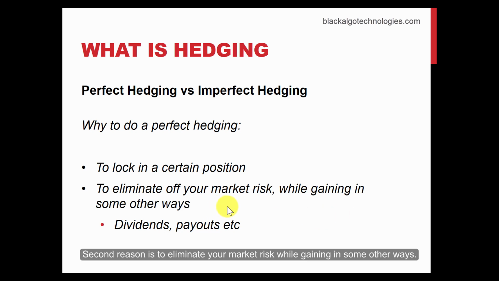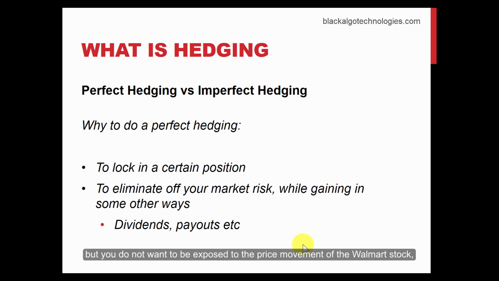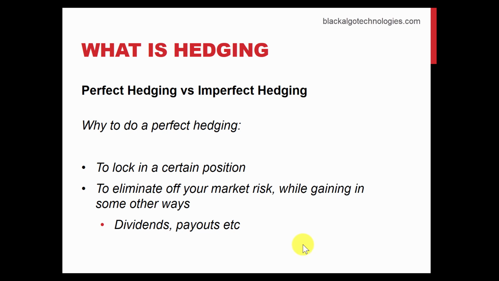Second reason, to eliminate your market risk while gaining in some other ways. Say you own stocks of Walmart, for example, and you want the dividend payouts from Walmart, but you don't want to be exposed to the price movements of the Walmart stock. So what you can do is to short Walmart in some other ways.